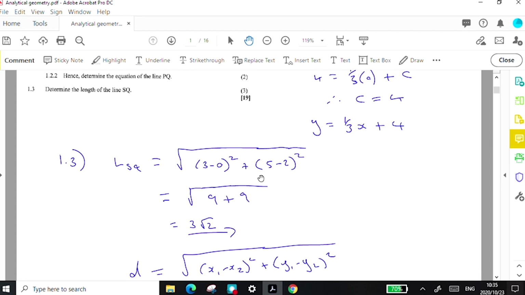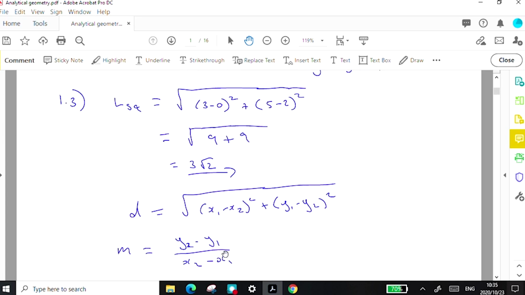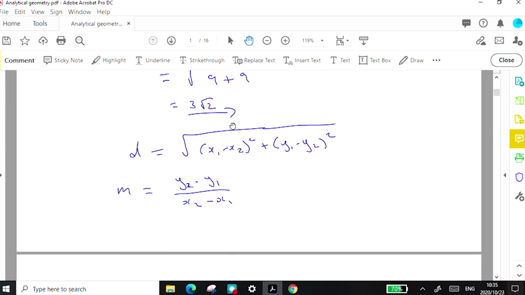We need the midpoint theorem. For the x value, it is x1 plus x2 divided by 2, and for the y value, we look at y1 plus y2 divided by 2.